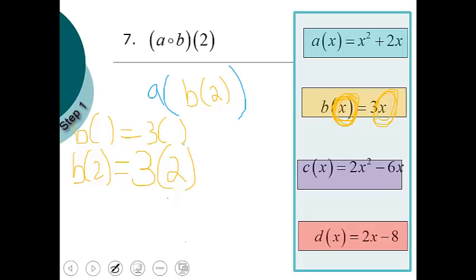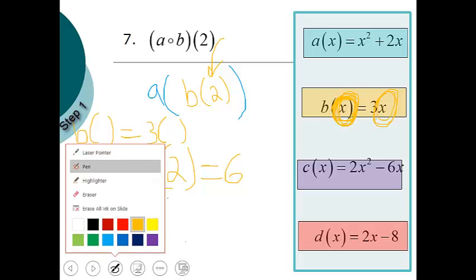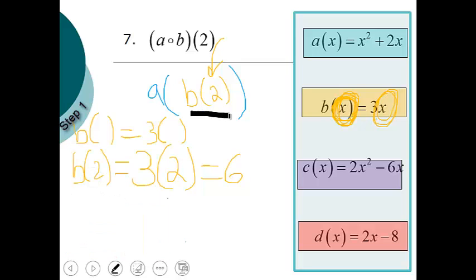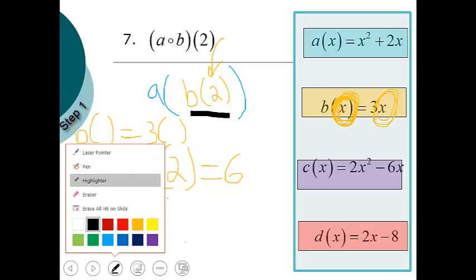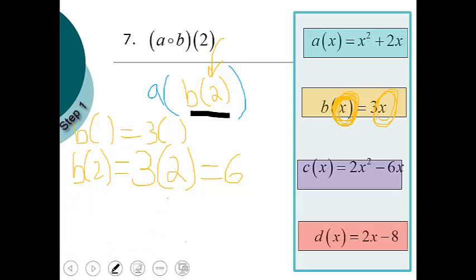All I did is I replaced my x value here with 2. So instead of being b of x, it is b of 2, and I evaluate it. This becomes 6. So this entire part, b of 2, we evaluated as 6. I just established that this is number 1. We're going to now do number 2.